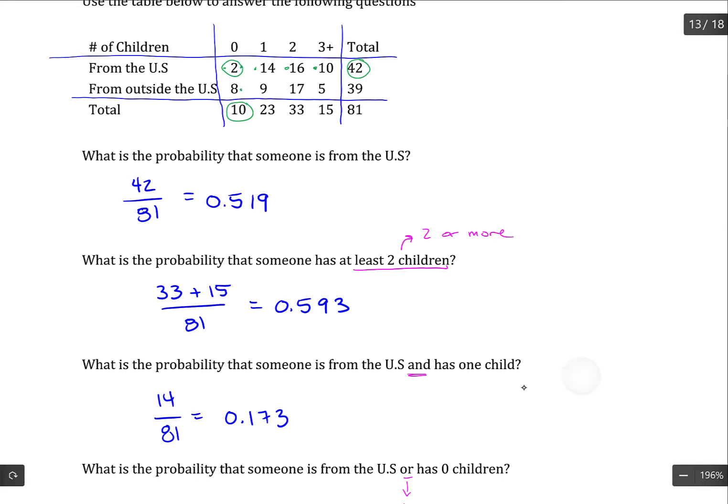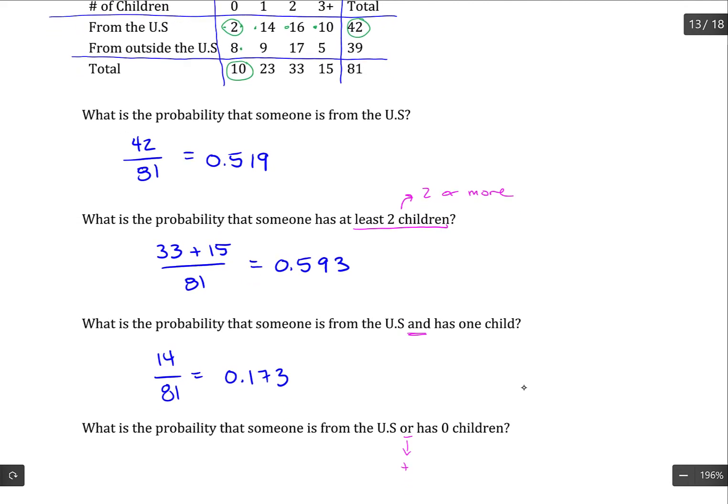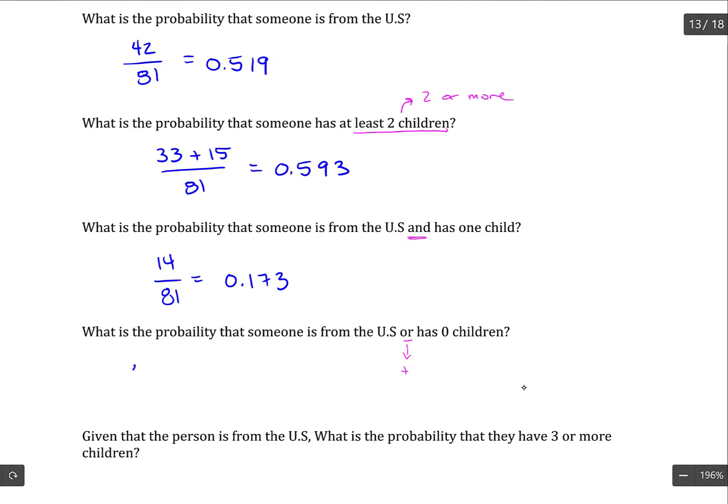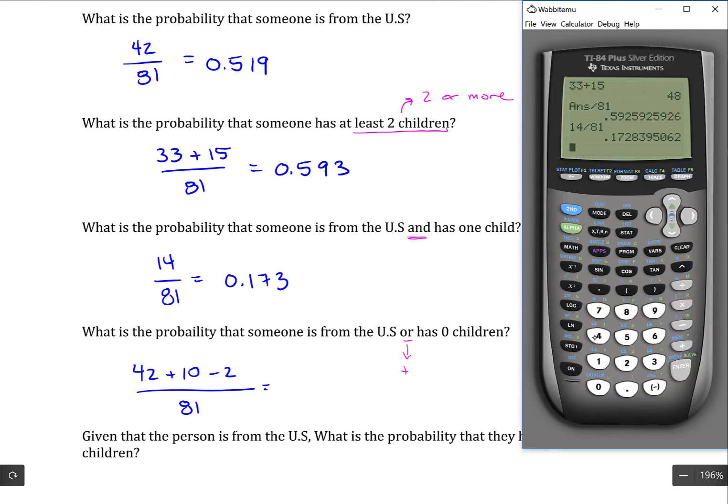So this 2 gets counted twice. So the result here is 42 plus 10, but minus 2, which is in the intersection. So same thing as 42 plus 8 out of 81, and that gives me 0.617.